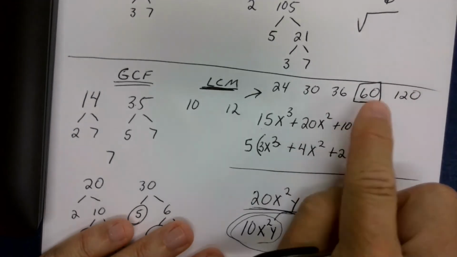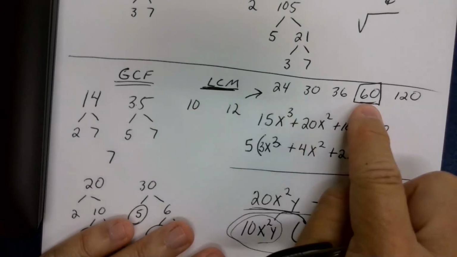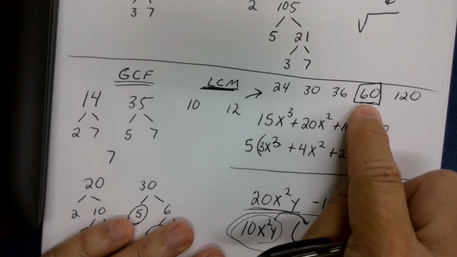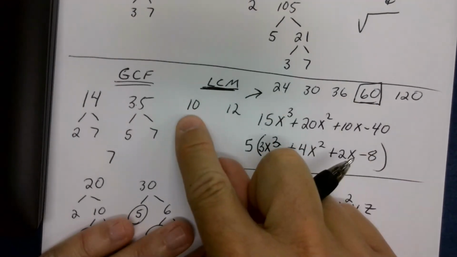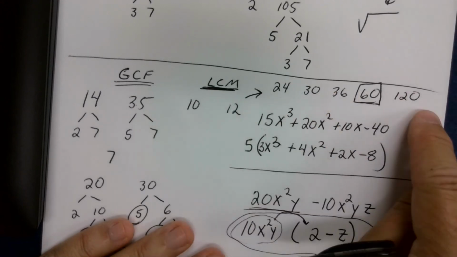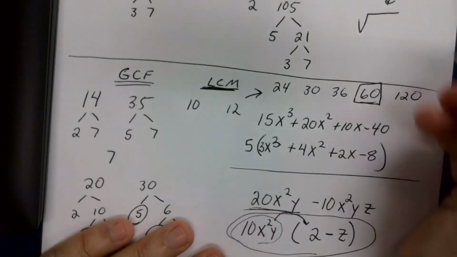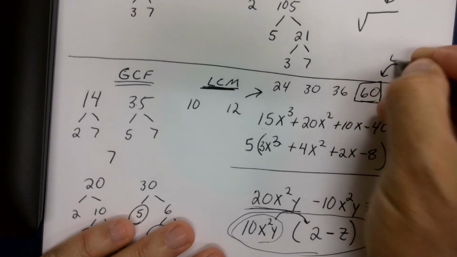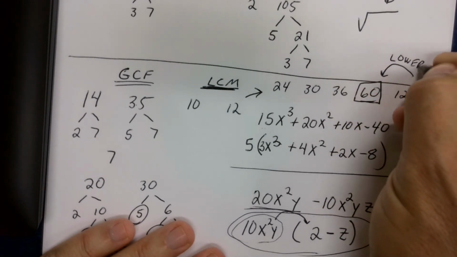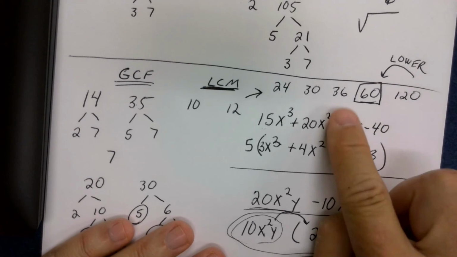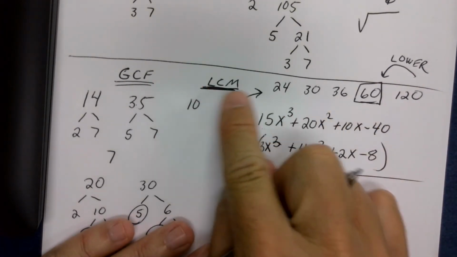Now, question is, why is it 60? Well, 10 goes into 60 evenly, and 12 goes into 60 evenly. Like I said a second ago, 10 goes into 120, and 12 goes into 120 evenly, but this one is lower than this one. So it's lower, and it's a lowest common multiple.